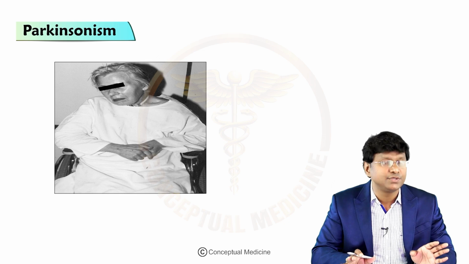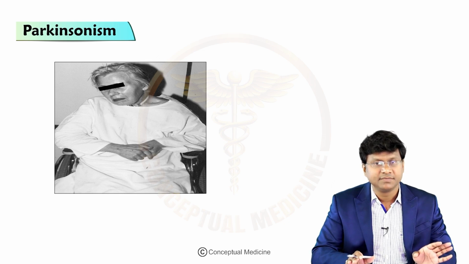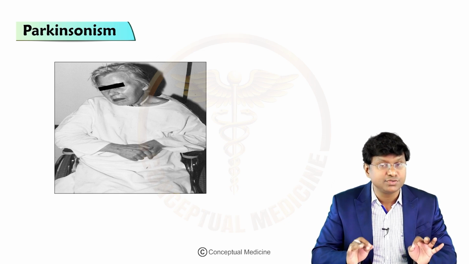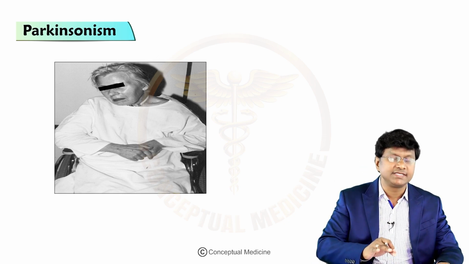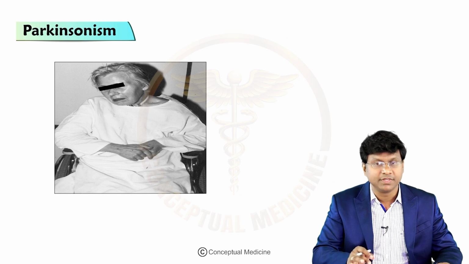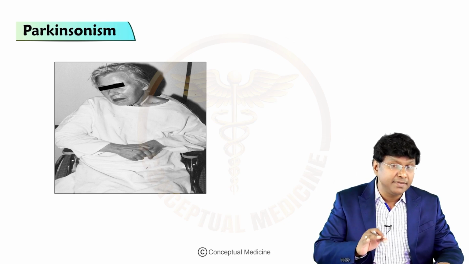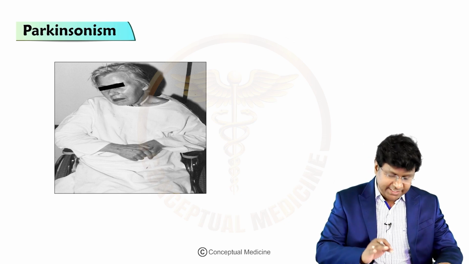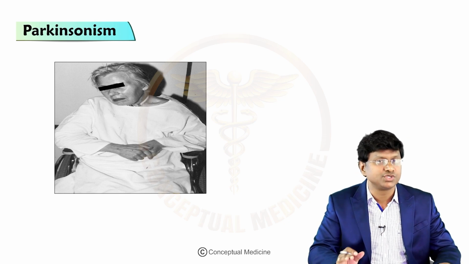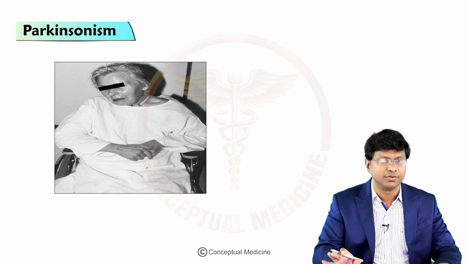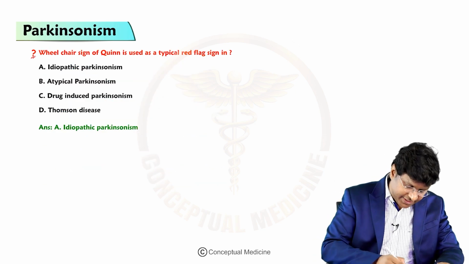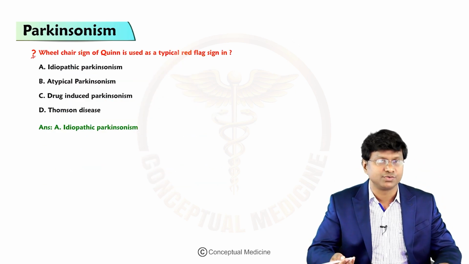They are unable to stand unaided, without any particular support. That is what is called the wheelchair sign of Quinn. So it is the permanent dependency that you will have in these patients, completely wheelchair bound.